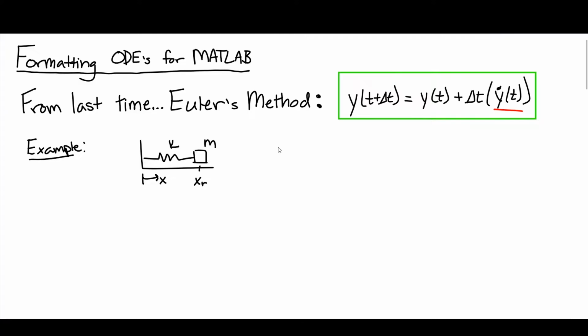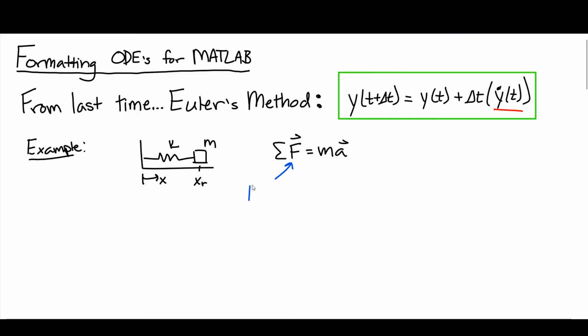Well, from Newton's second law, we know that the sum of forces acting on this mass is equal to the mass times its acceleration, a. If we assume that this mass only moves in the x direction and that the surface is frictionless, the sum of forces equals mass times acceleration will only be in the x direction.